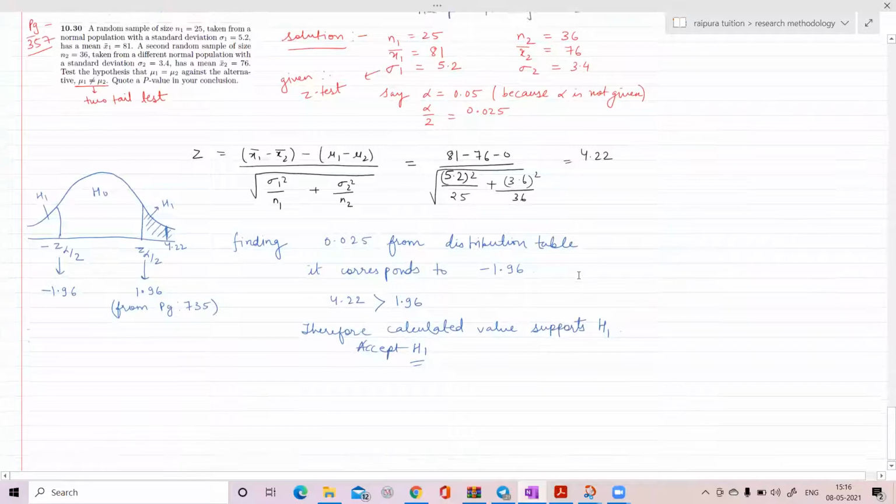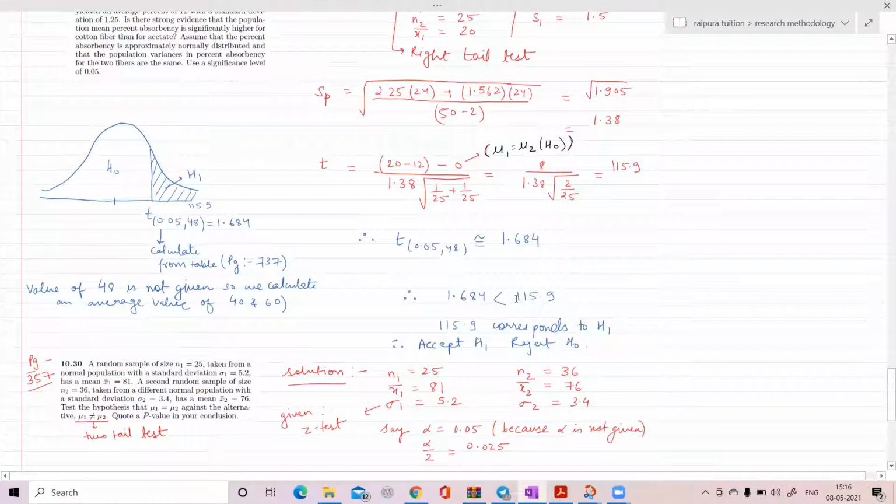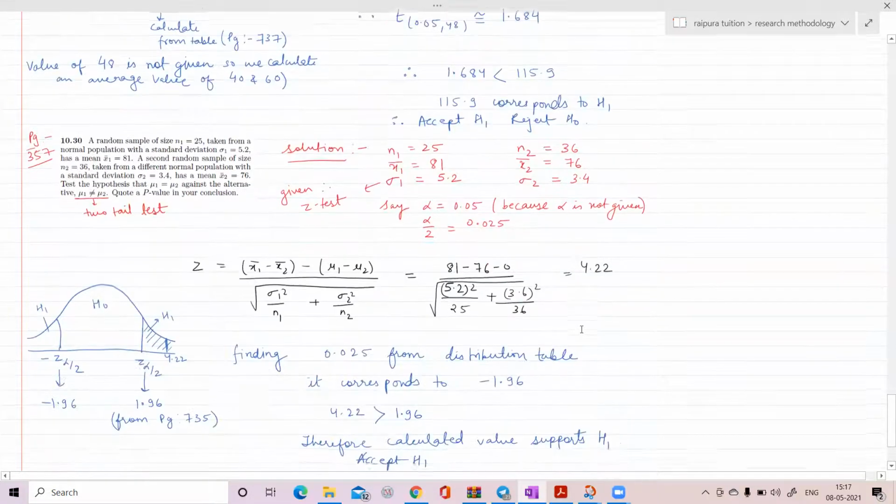Now we can see that 1.684 is less than our calculated value 115.9, so our 115.9 belongs to the region of H1, and so we accepted H1 and we rejected H0.